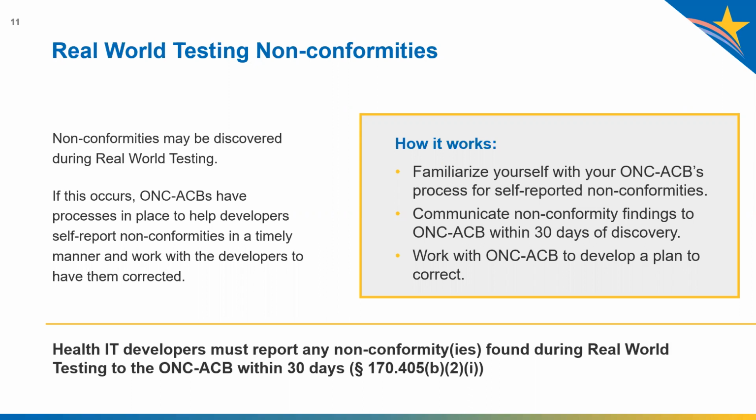And so you just want to make sure you're familiar with your ACB's process for self-reporting, and communicate it within 30 days if a nonconformity arises so that you are still compliant with program requirements. And you're going to work with the ONC ACB to develop a plan to correct them. So again, self-reported nonconformities are just the health IT developer getting ahead of what's going on, making sure that you're on top of how the functionality plays out when it's actually been deployed and used in a real setting.